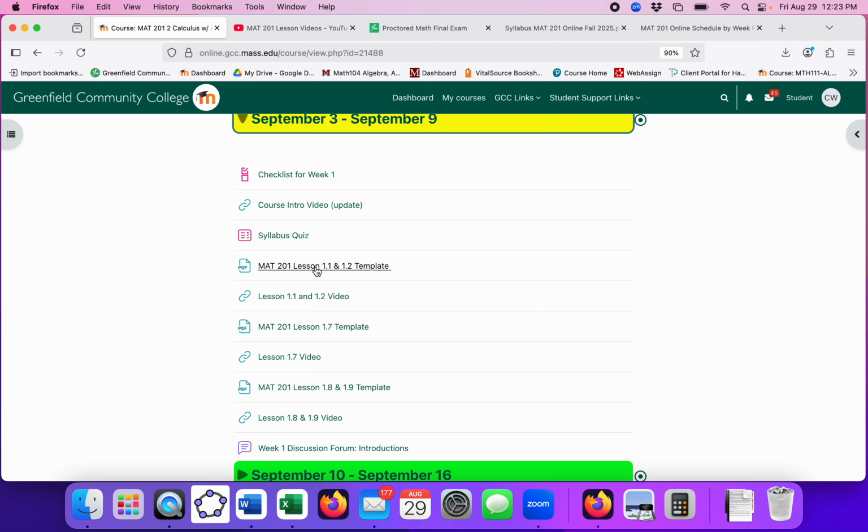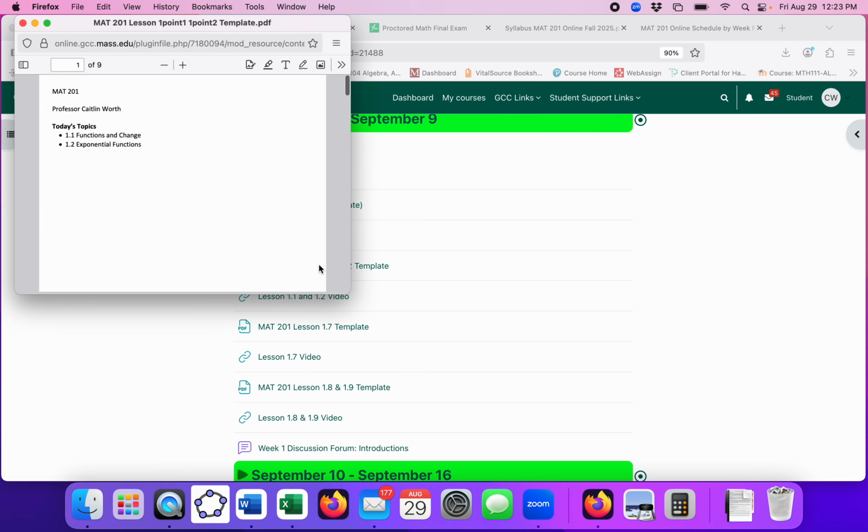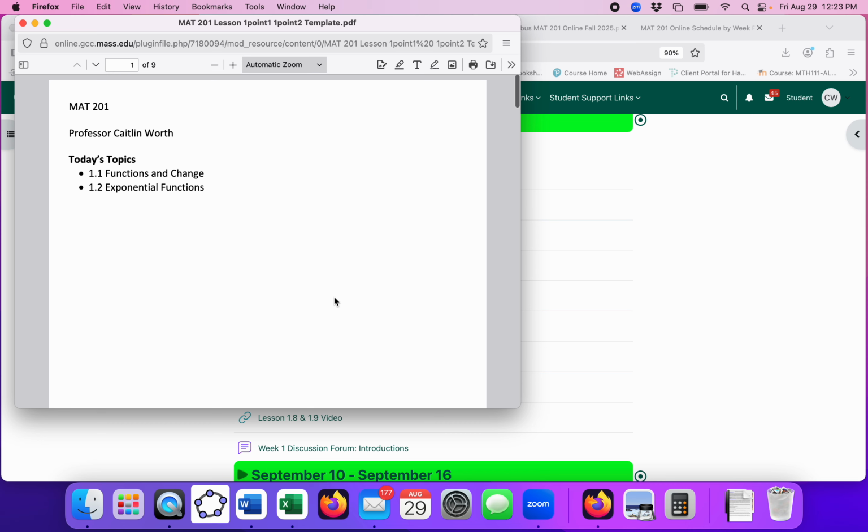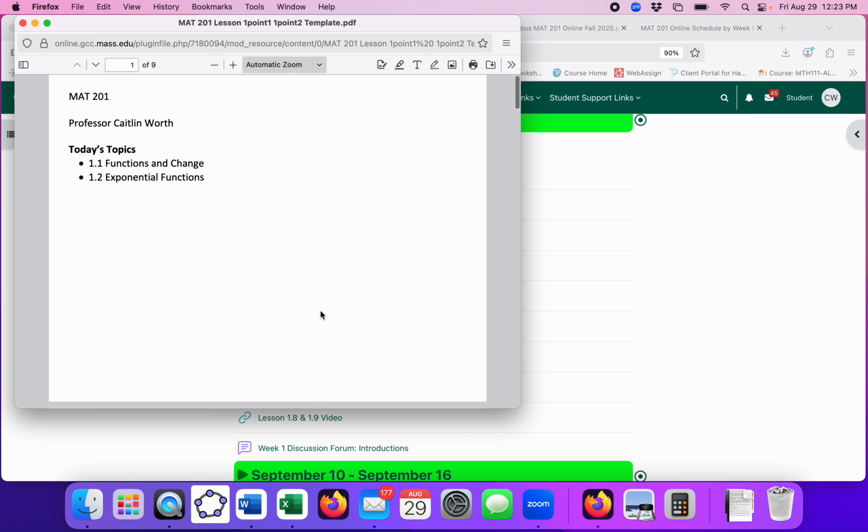So we have a lesson template and then a video. The template you can use to take notes. You can print it. I'll just show you what it looks like. These are my slides for my lesson presentations, basically blank versions of the slides.